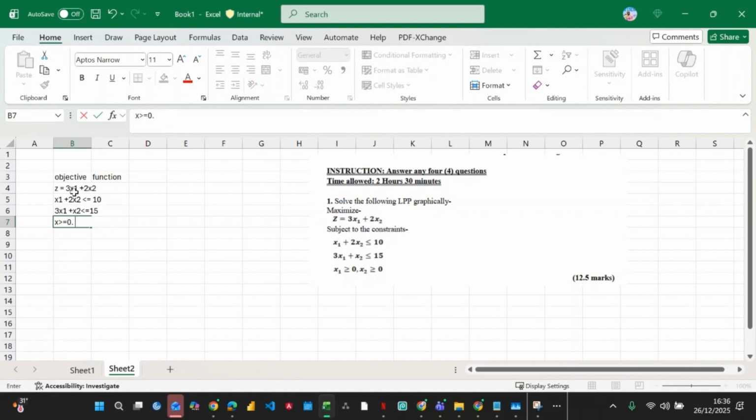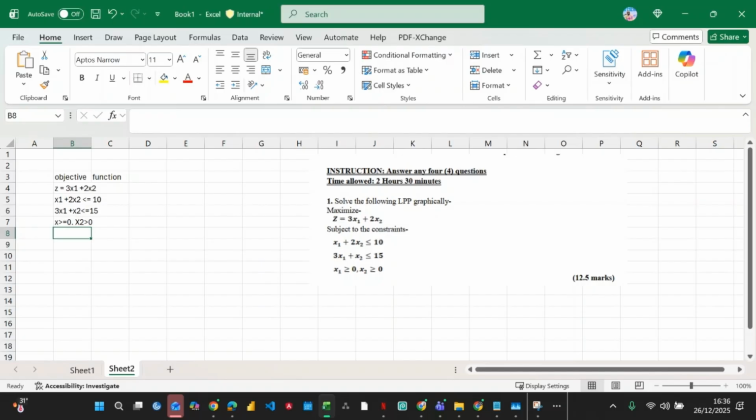Then x1 is greater than or equal to 0, and x2 is greater than or equal to 0.